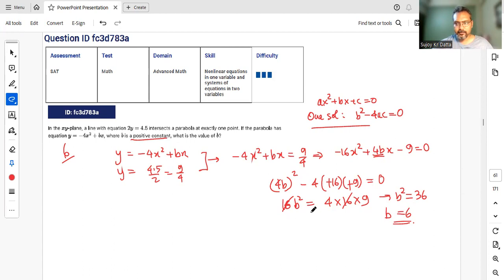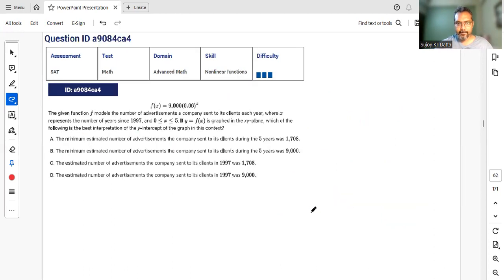Okay, let's go to the next one. So we have a function here. It says that the given function models the number of advertisements a company sent to its clients, where x represents the number of years since 1997, from 0 to 5, and it's graphed in the xy plane. They're asking what's the best interpretation of the y-intercept.